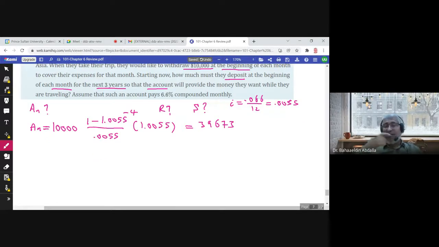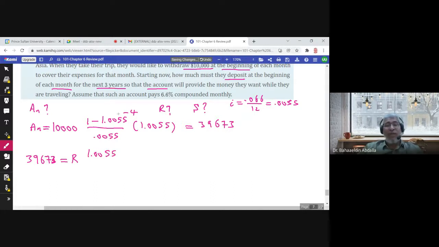So the question, how much must be the deposit at the beginning of each month for the next 3 years, so that the future value of this annuity will be this one? So actually now 39,673 is the future value of an annuity, and I need to know the deposits of this annuity. Okay, so use the future value formula, 1 plus I to the power n.